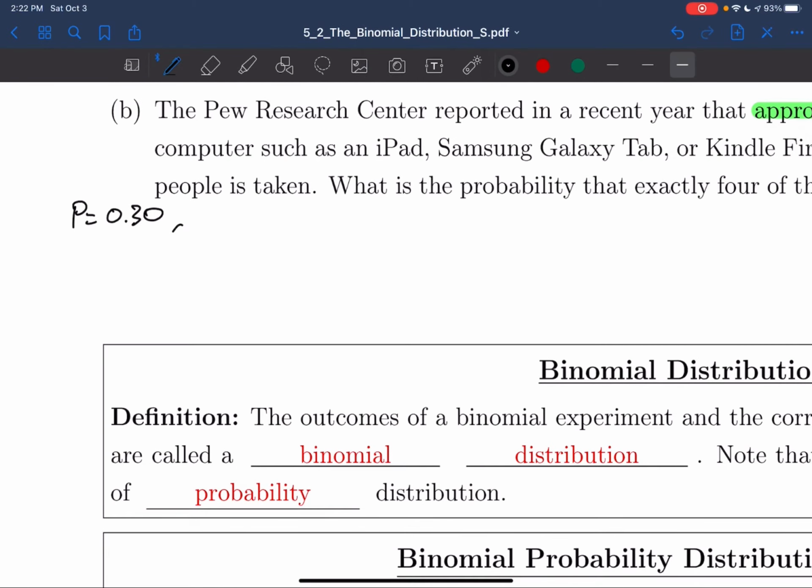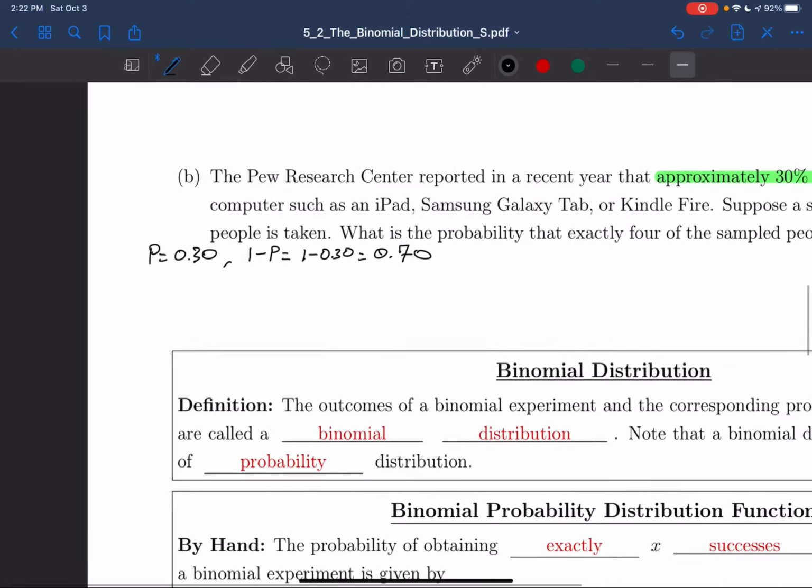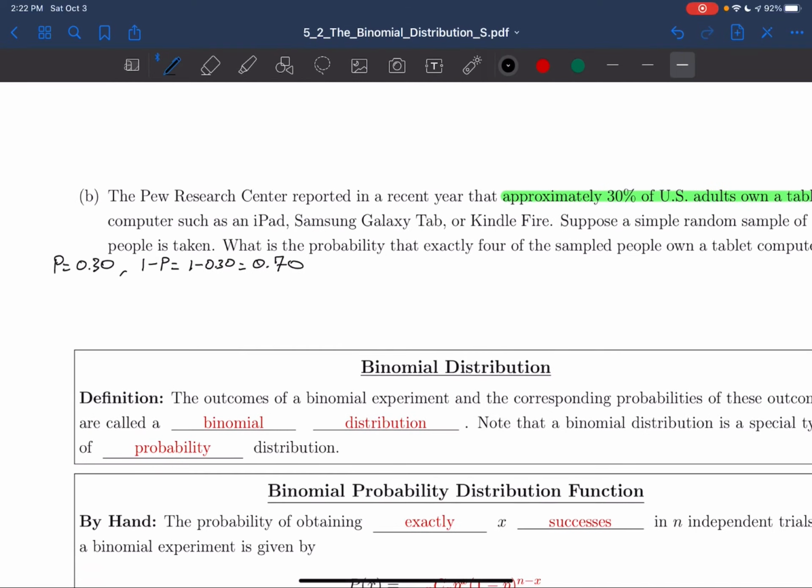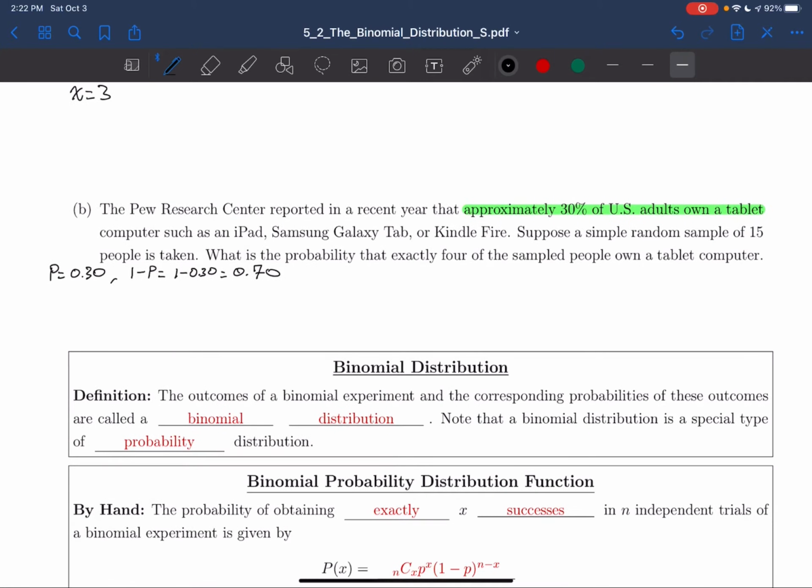Since we already know the probability of success, we can automatically compute the probability of failure, which is just 1 minus p. So this will be 1 minus 0.30, which is 0.70. Now we want to look for our n, or our fixed number of trials.